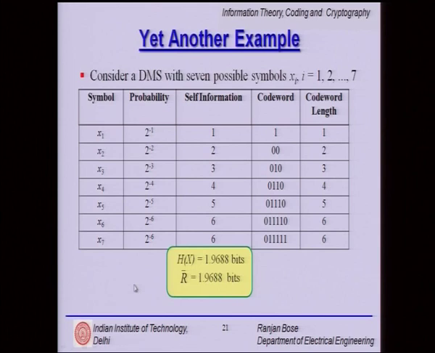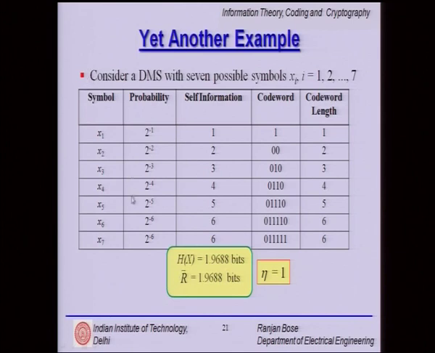And this should not be a surprise. If you calculate the H(X), it is 1.9688 bits, and if you calculate the average code word length, it is also 1.9688 bits. So, we clearly have the efficiency equal to 1. We have reached rock bottom, the best we can do.